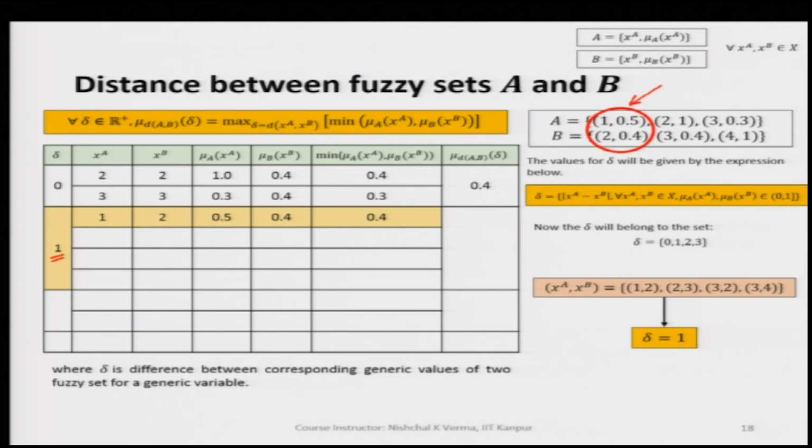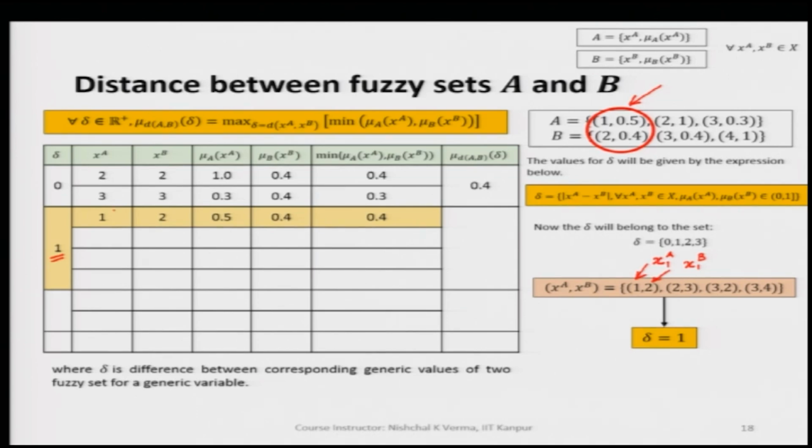The first entry will be for the pair 1, 2. We write this as x 1 A, and then we have 2 as x 1 B. This signifies that this is the first generic variable of the discrete fuzzy set A, and x 1 B signifies the generic variable value from fuzzy set B. Similarly, all other values can be understood.